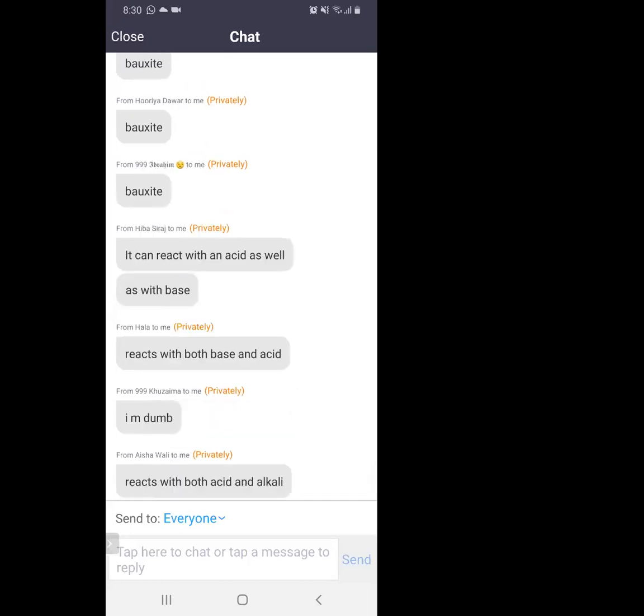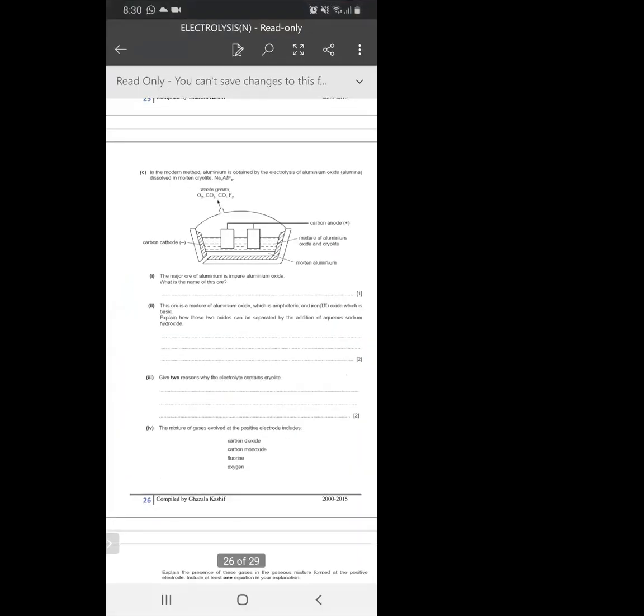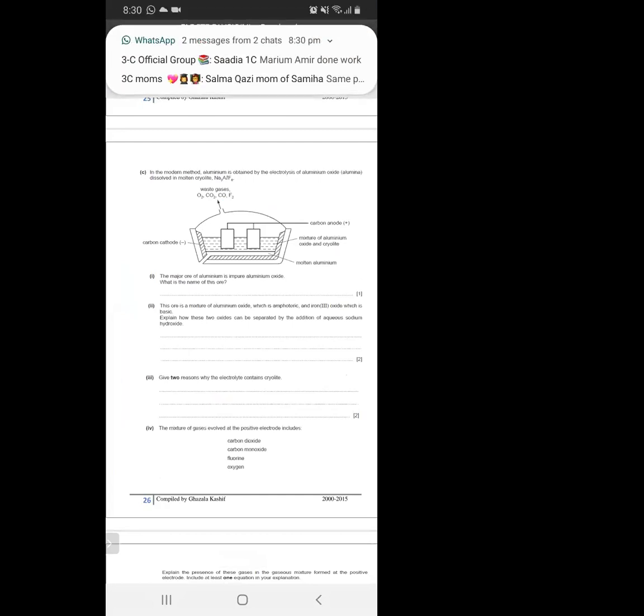Yes, and alkalis. Reacts with both acids and alkalis. Explain how these two oxides can be separated by the addition of aqueous sodium hydroxide.